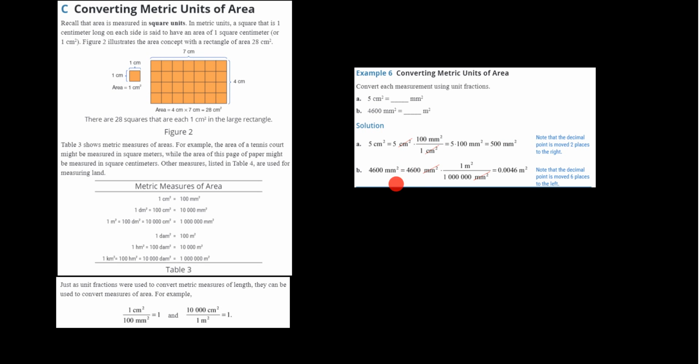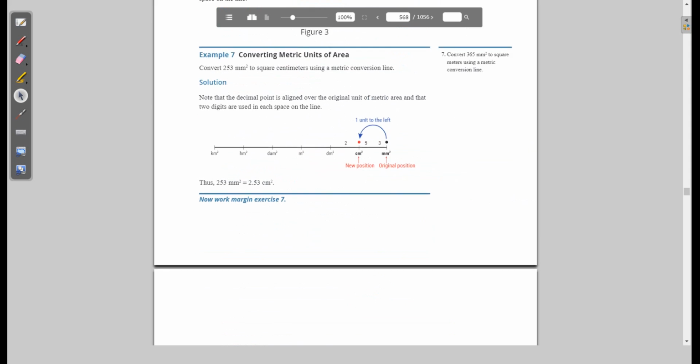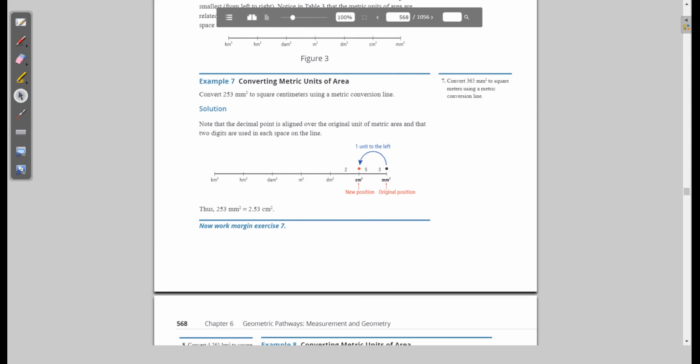If we're trying to go from 4,600 square millimeters to square meters, same kind of procedure. We know that 1 square meter is 1 million square millimeters. Cancel the millimeters, and then we divide, 4,600 divided by 1 million. This is probably the easiest part of converting units.